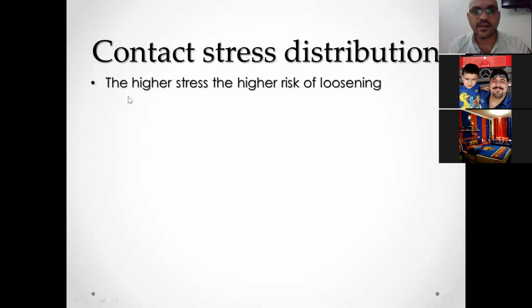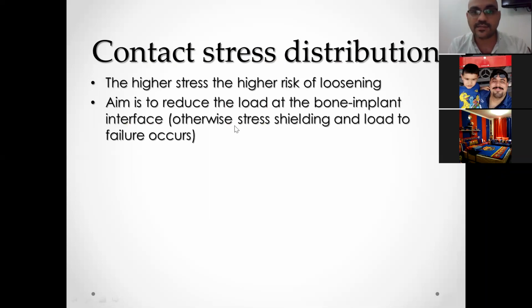You know that the higher the stress, the higher the risk of loosening. And the stress we are talking about is at the level of the bone implant interface. The aim is to reduce the load at this interface, otherwise stress shielding and load to failure may occur.